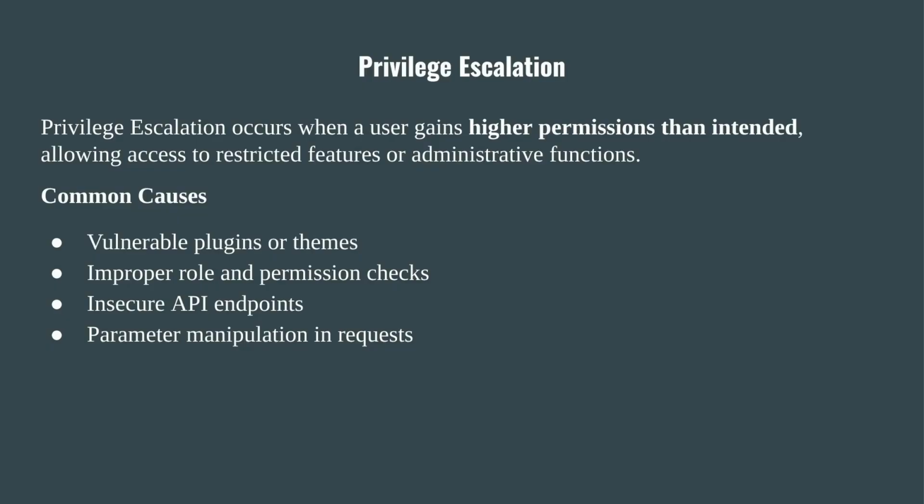This can happen because of improper role validation, insecure API endpoints, or parameter manipulation in requests. Once an attacker gains administrator access, they can completely control the website. These are the common causes: vulnerable plugins or themes, improper roles and permission checks, insecure API endpoints, and parameter manipulation in requests.